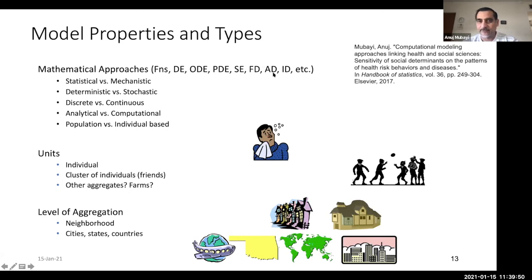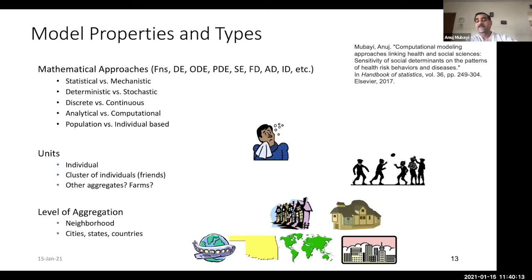Algebraic differential equations, AD stands for algebraic differential equation. ID stands for integro-differential equation, which has integrations and derivatives together in the equation. So there are different types of models, different ways of expressing it in terms of mathematical analysis.